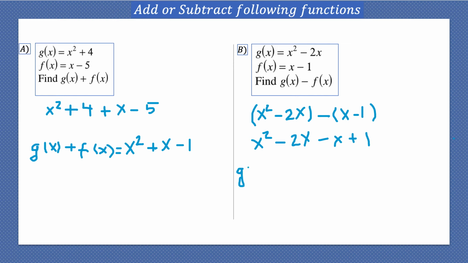Now let me write the final result. So g of x minus f of x is equal. So now I am doing those operations, addition and subtraction. Here I have x squared.